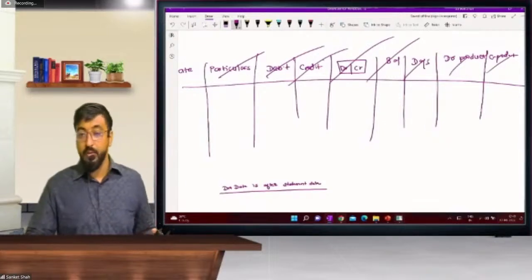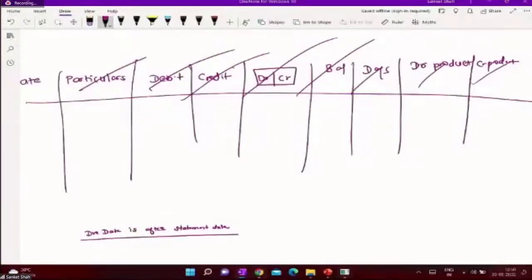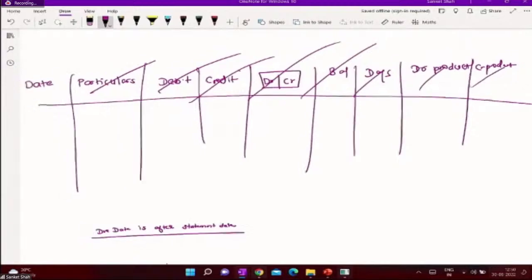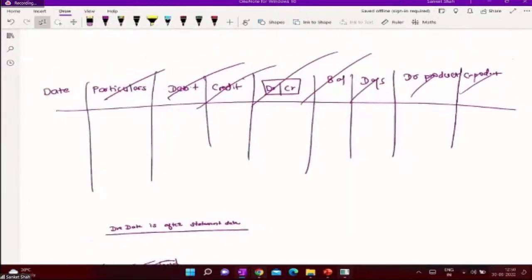Write down. चलो याद करो. In exam also, first before solving this question, try to recall columns. Date, particulars, debit, credit, debit or credit, DR or CR, balance, days, debit product, credit product.